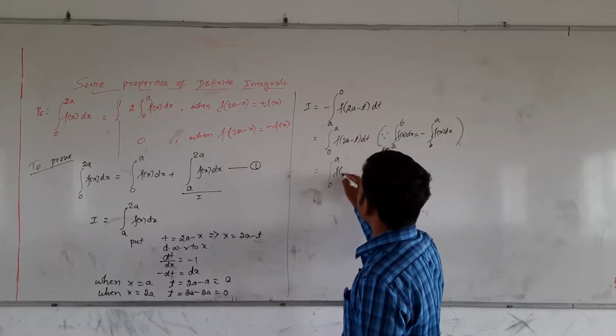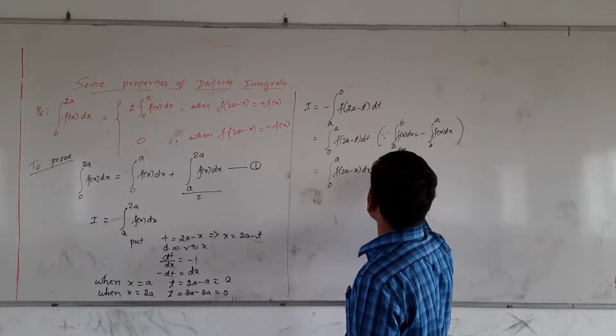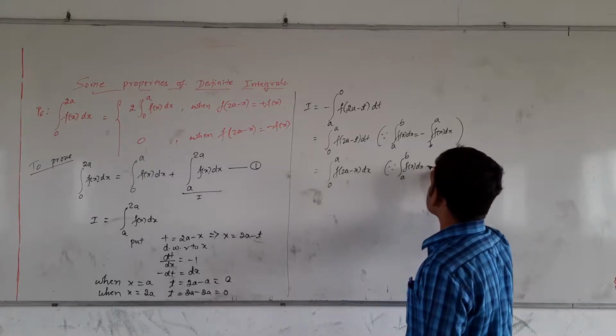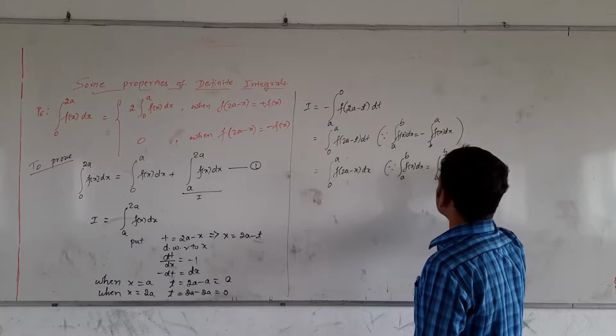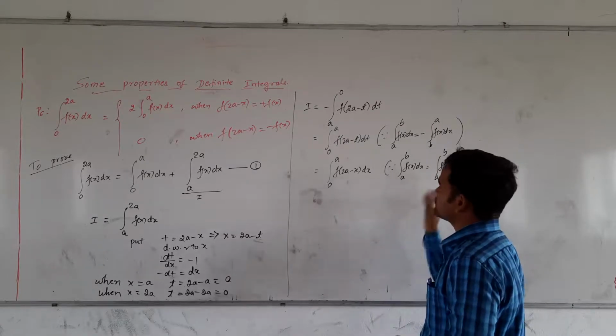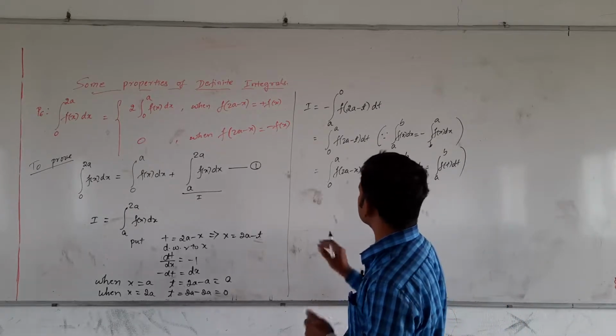So it is the integral from 0 to a of f of 2a minus x dx, because integrating from a to b f of x dx is equal to integrating from a to b f of t dt. As you will be proving, this is for the 5 mark. All the reasons why we are doing this, it is a must and you should write it.